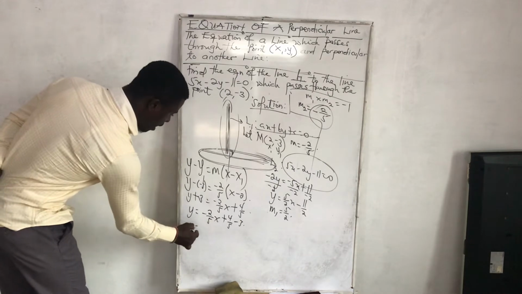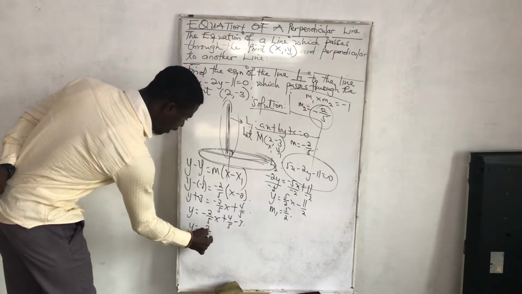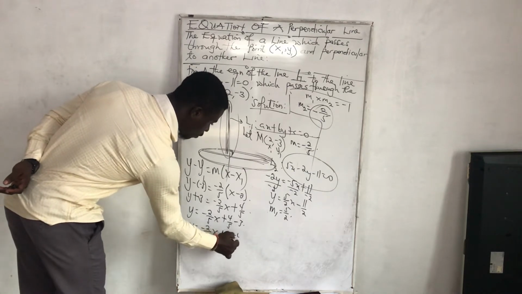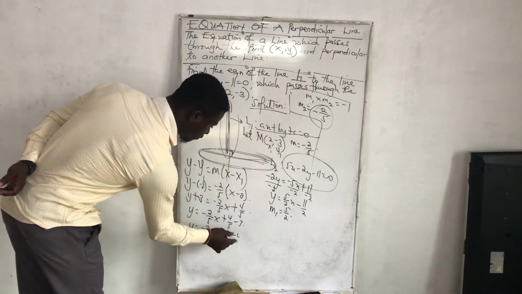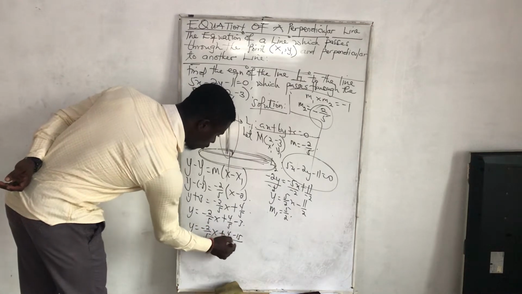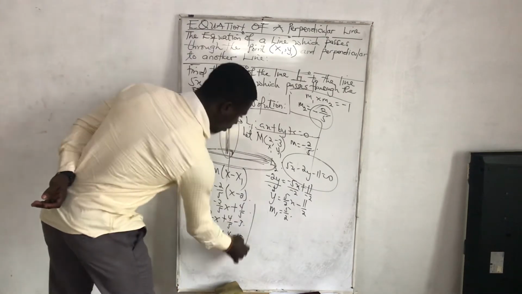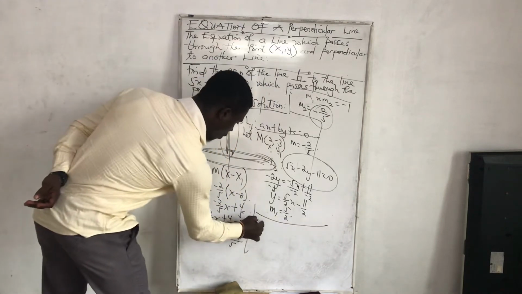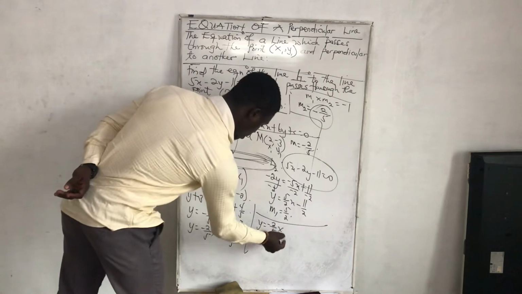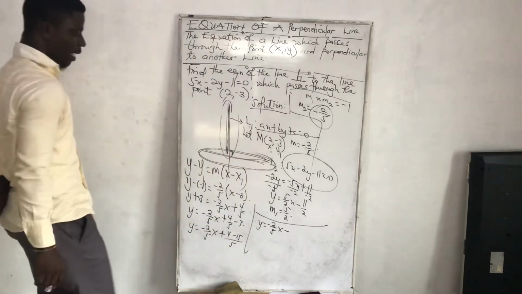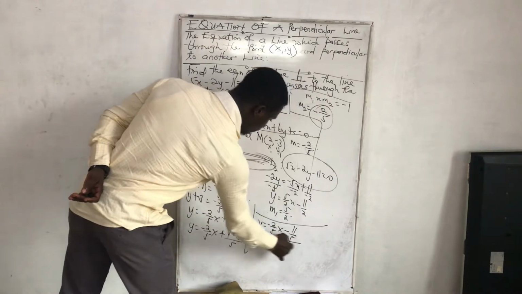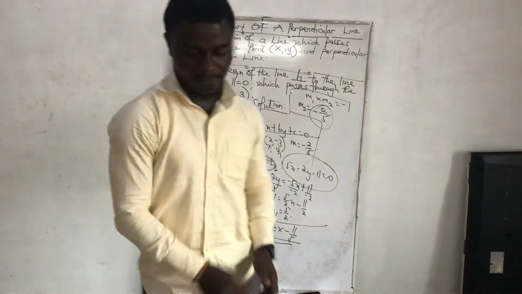So I get y equal to -2 on 5x, then 5 times 3 is 15, so I get 4 minus 15 on 5. So now we have y equal to -2 on 5x, then minus, because 4 minus 15 gives -11 on 5. -11 on 5.